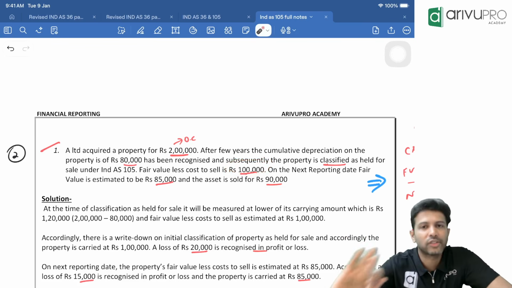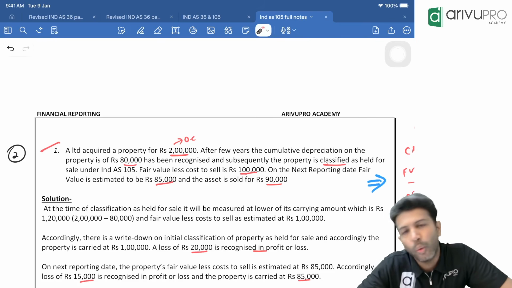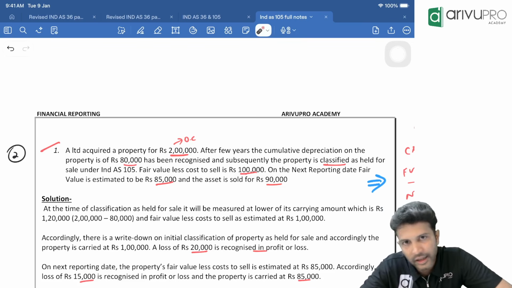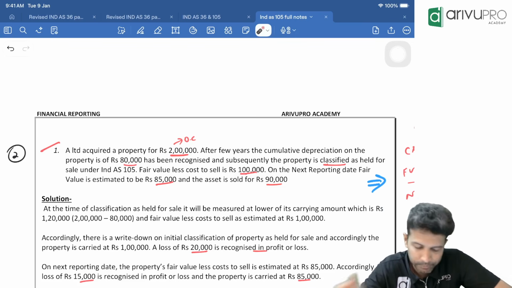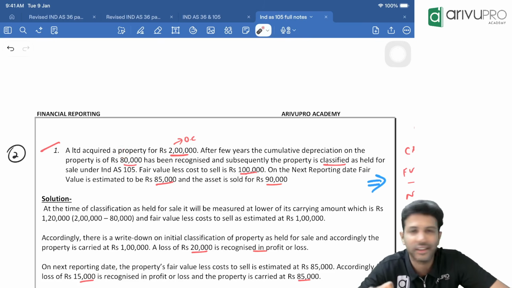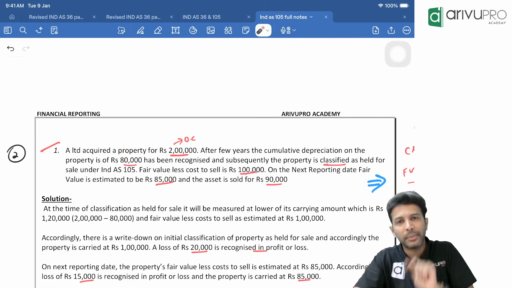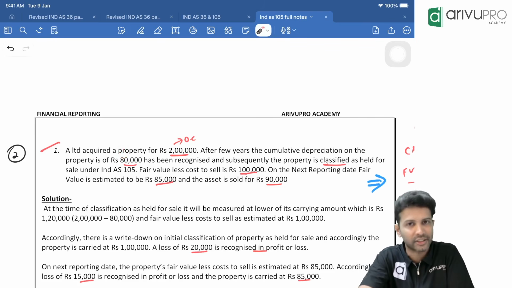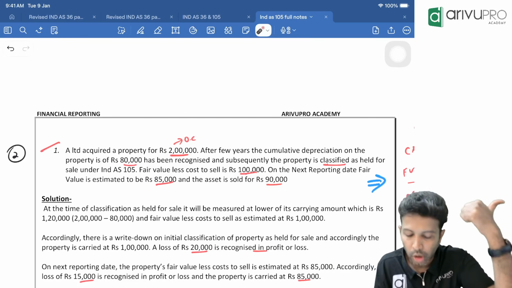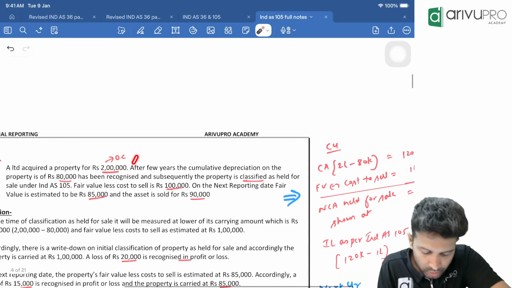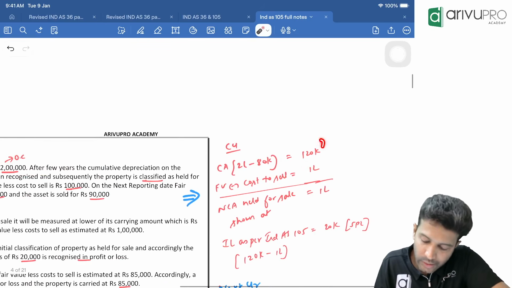So now Ind AS 105 conditions are satisfied. Once Ind AS 105 conditions are satisfied, this particular asset should be valued as per Ind AS 105. Correct? It is no more Ind AS 16. We'll have to apply Ind AS 105. And how does Ind AS 105 recommend measurement? Carrying amount or fair value less cost to sell, whichever is lower. What is the carrying amount? 2 lakh minus 80,000, which is 1,20,000.